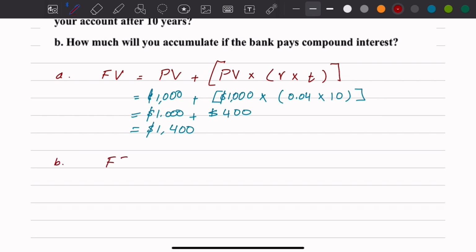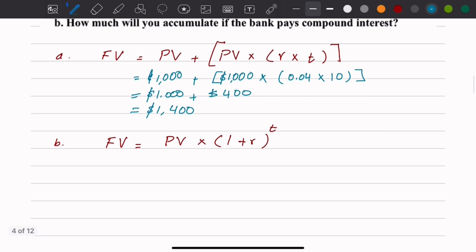Future value equals the present value multiplied by 1 plus r to the power t. Okay, substituting with the inputs we have, $1,000 multiplied by 1 plus 0.04 all to the power of 10.